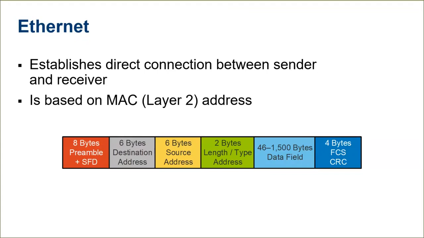And finally, we get to the data, which is the actual data payload that can vary from 46 to 1,500 bytes. And at the very end is the frame check sequence, or the FCS. It's a 32-bit field that provides a check of the integrity of the data in the entire frame.